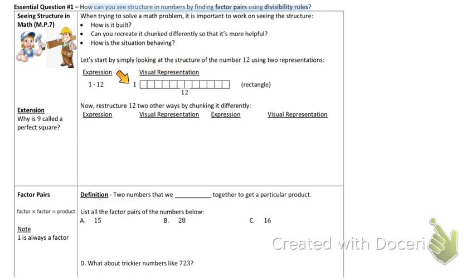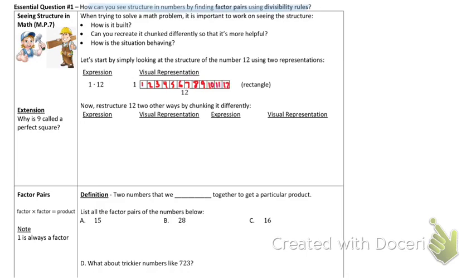We have one row, and in that row we have 12 squares or columns. If you count each one of these squares, you get the answer to 1 times 12: 1, 2, 3, 4, 5, 6, 7, 8, 9, 10, 11, 12.